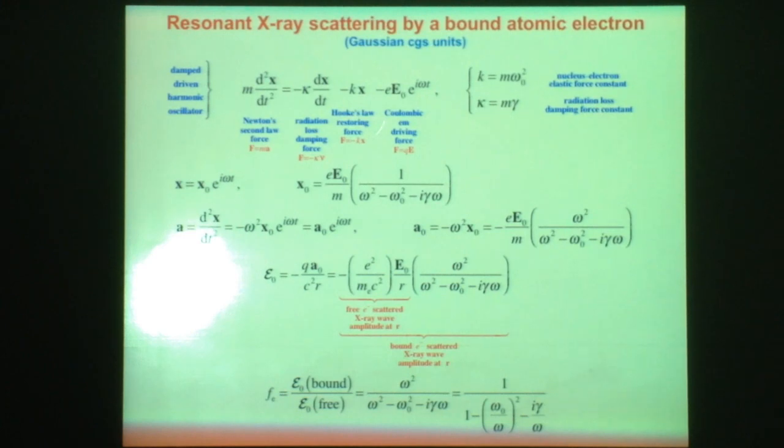What happens here is that as a result of the damping force, we introduce this quantity i gamma omega. So when the radiation frequency matches a natural frequency for the nucleus-electron dipole oscillation, we get then a complex valued amplitude of oscillation.